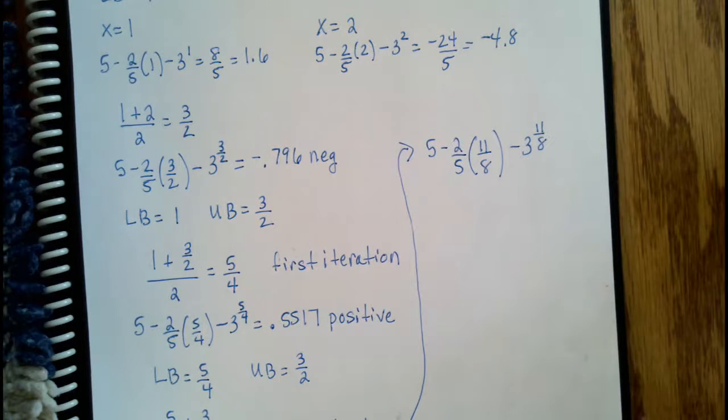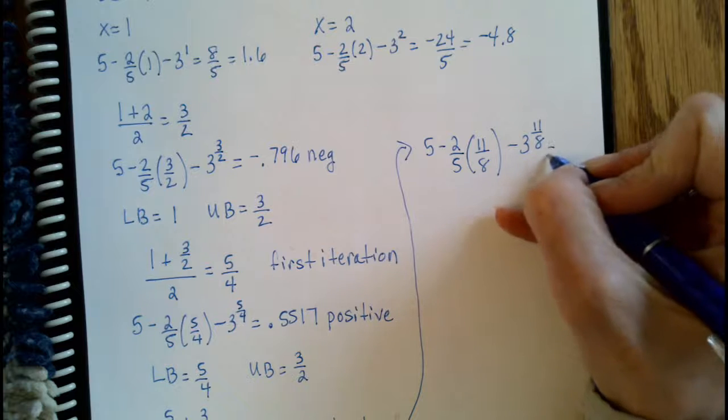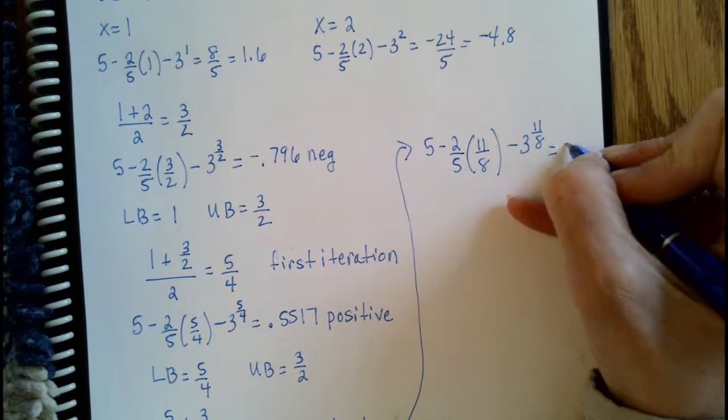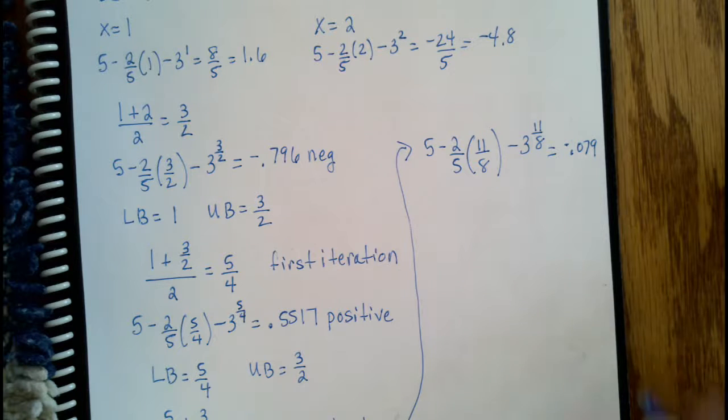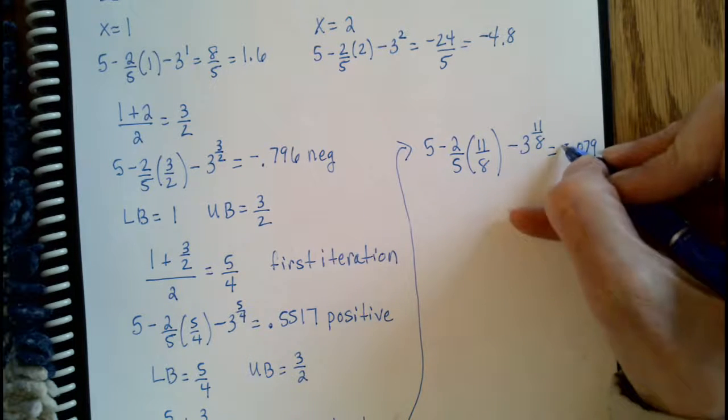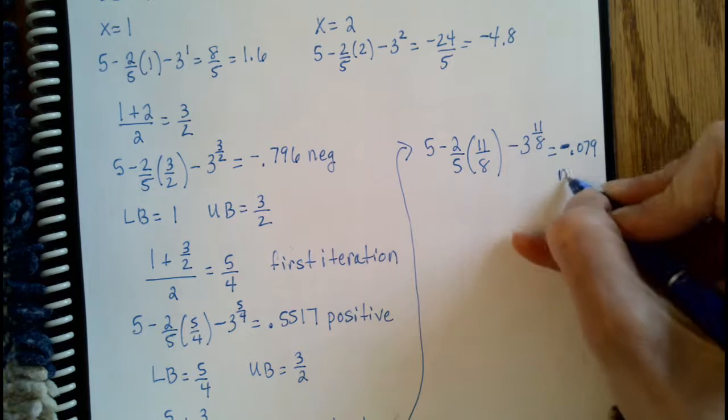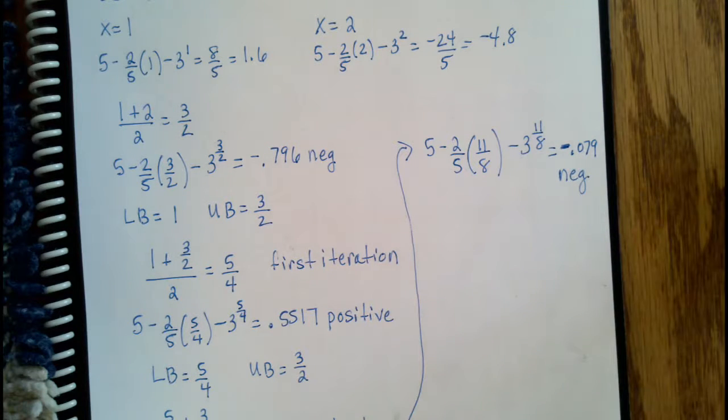And when we type that in to Desmos or to our calculator, we get negative 0.079. And once again, the thing that's important here is that that value is negative.